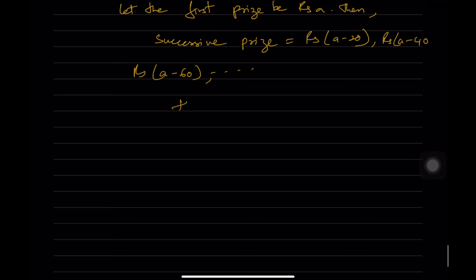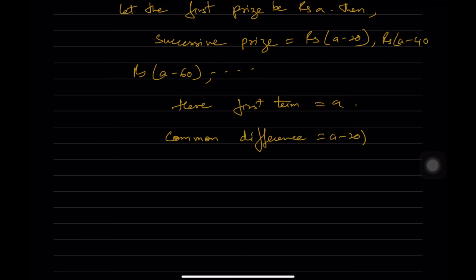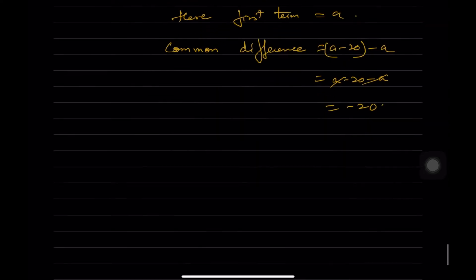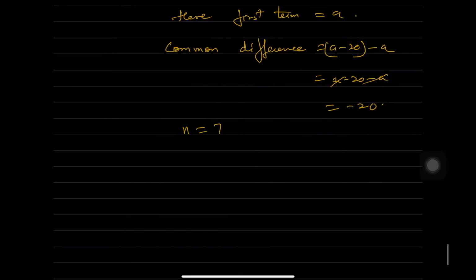So here the first term is equal to A, the common difference is equal to A minus 20 minus A, which is minus 20. N is equal to 7 and Sn is equal to 700.